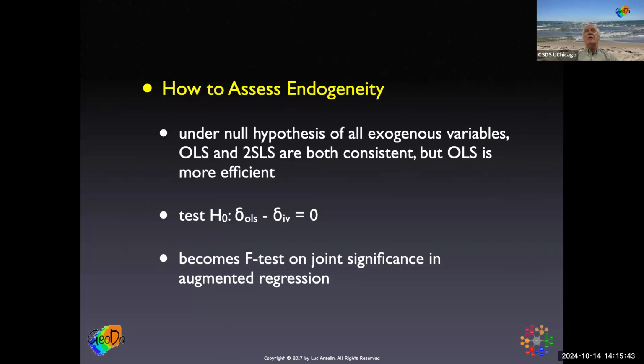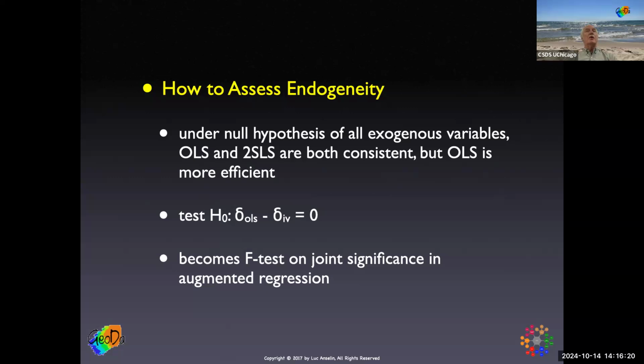Under the null, in the ideal circumstance, meaning no endogeneity, we can use OLS, we should, but we can also use two-stage least squares. There's nothing wrong with that. The problem is it's not as efficient as OLS, because we just established last week that among all the unbiased and also the consistent estimators, OLS is the best one.